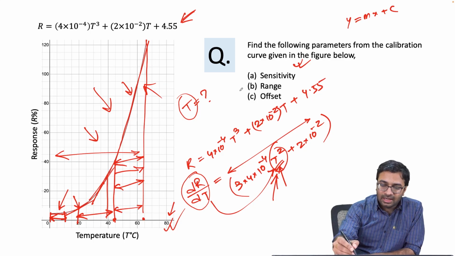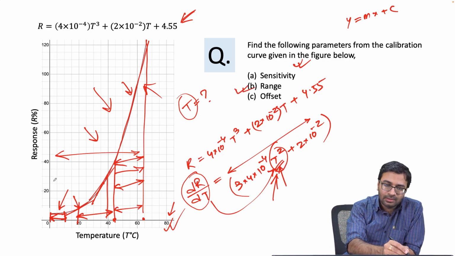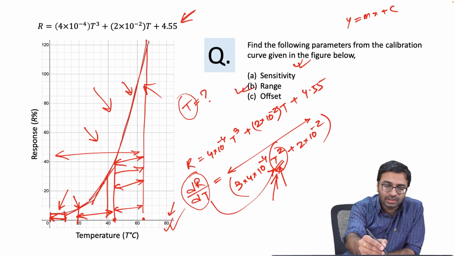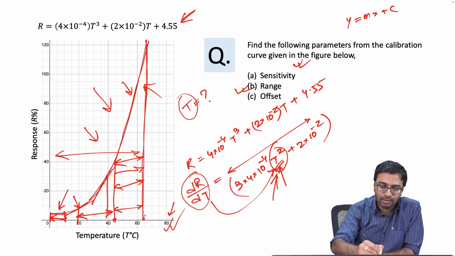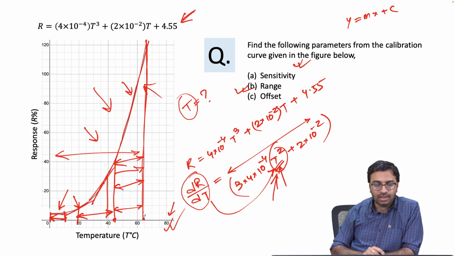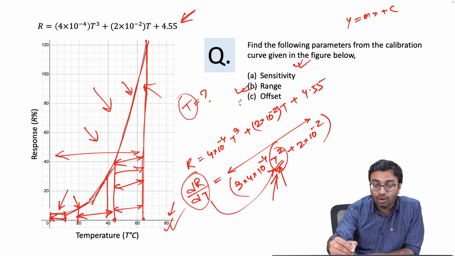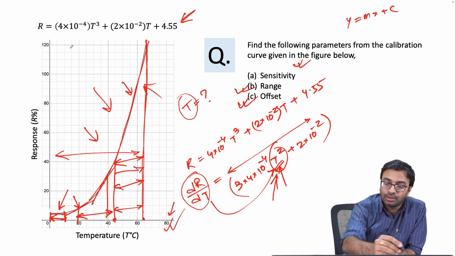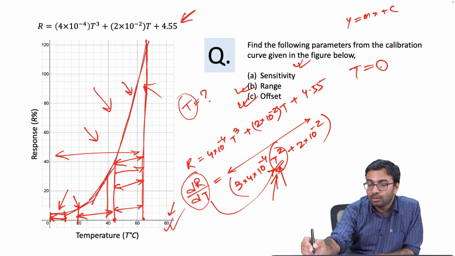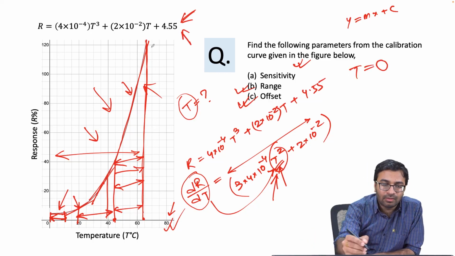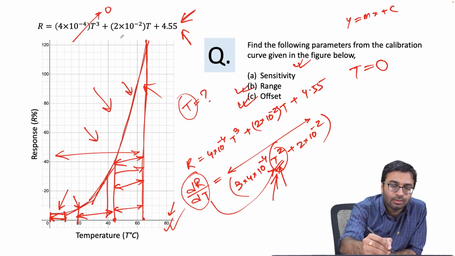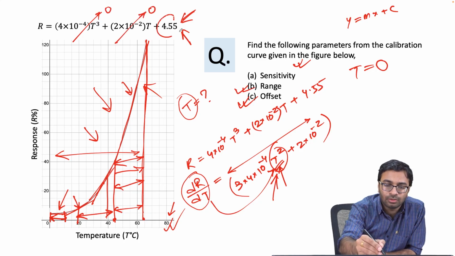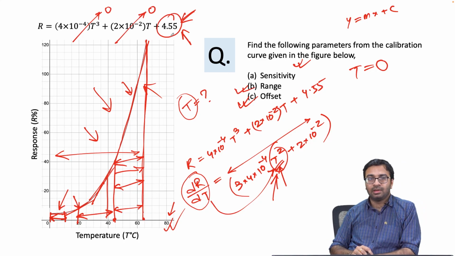And then as far as the range is concerned, in this case, the operating range also can be calculated just by looking at the plot, because it's not mentioned anywhere. And if you want to calculate the offset, in this case, again put t equal to 0 in this equation, and you will find that this term will become 0, this term also will become 0. So the offset is 4.55.